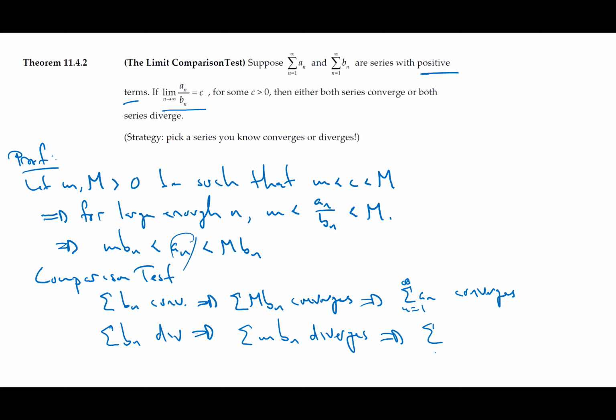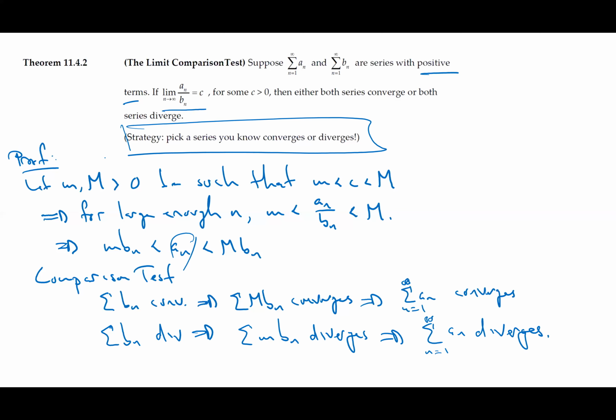And so I know that my series an diverges, okay? All right, and keep in mind, when you use this limit comparison test, pick a series you know the convergence of, okay? That's the whole point. All right, so let's see how this plays out.